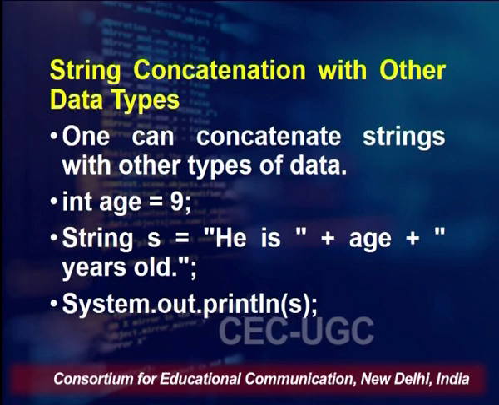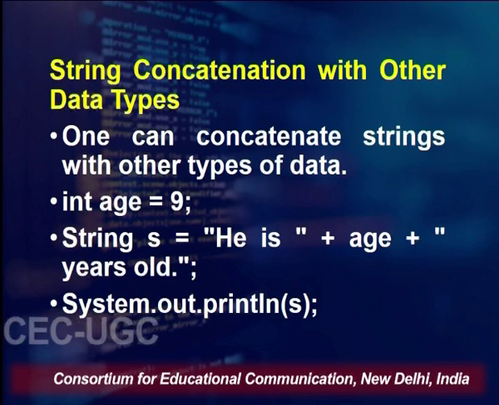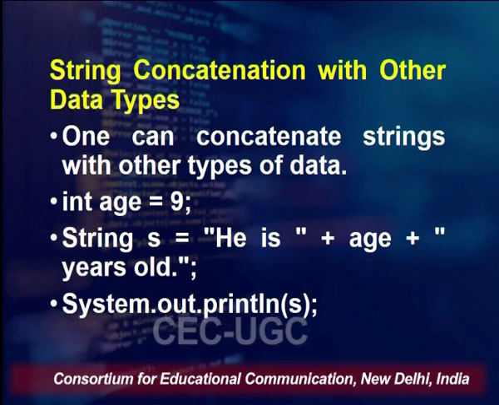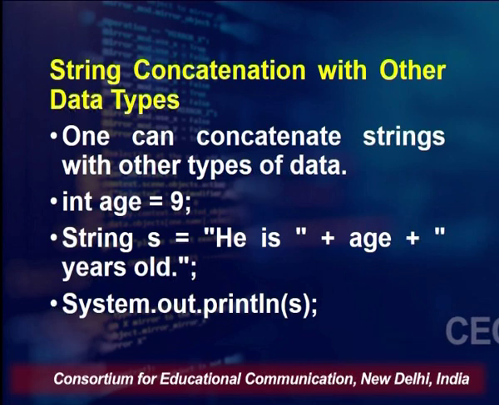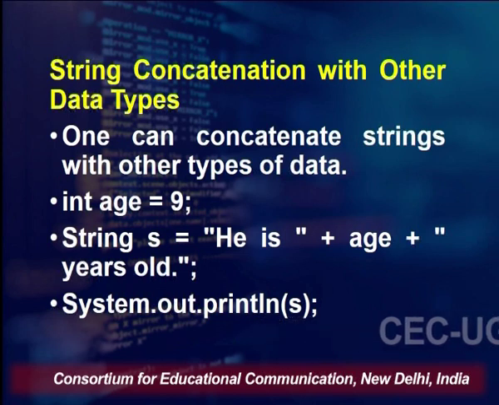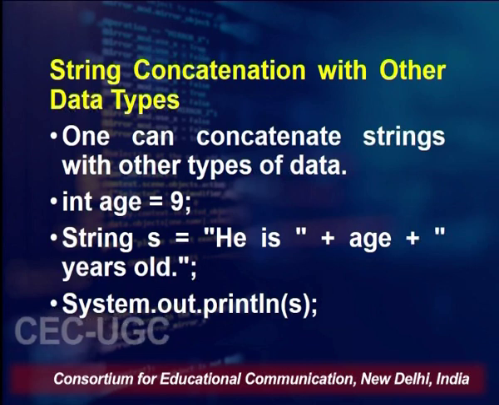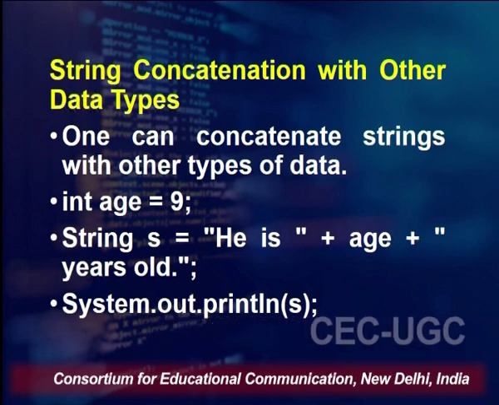Here is a very simple example in which we have taken int age = 9, and then String s = "He is " + age + " years old". So this string s will be created as "He is", whatever the value of the variable age, which is 9 here. So, he is 9 years old.